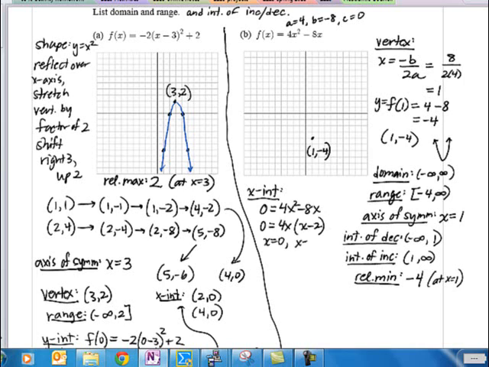And since 0, 0 is an x-intercept, that's also the y-intercept. There. So now we can put the graph together. We've got enough information. Domain, range, intercepts, vertex, axis of symmetry, intervals of increase and decrease, relative min. I think that's everything.